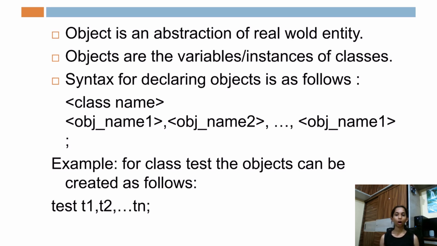Syntax for declaring objects is as follows: class name followed by object name, comma, object name 2, and so on till object name n, followed by a semicolon. An example for declaring objects is test t1, t2, till tn, where test is the class name and t1, t2 until tn represent the object names.